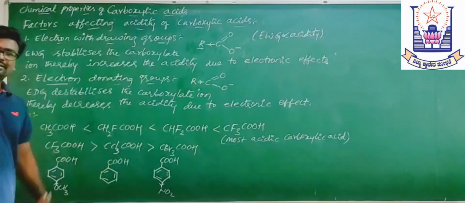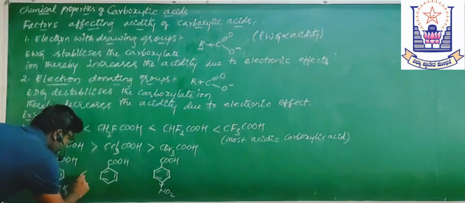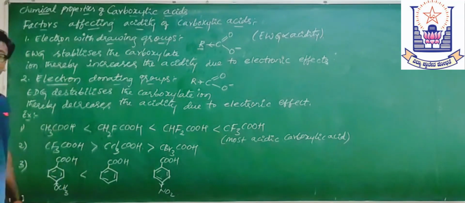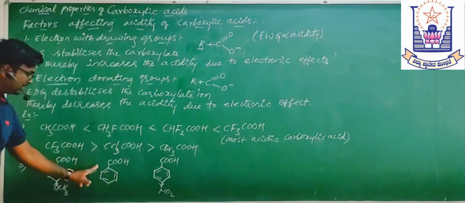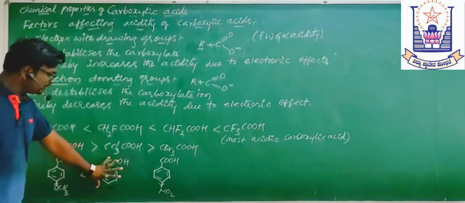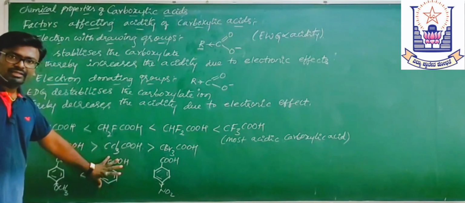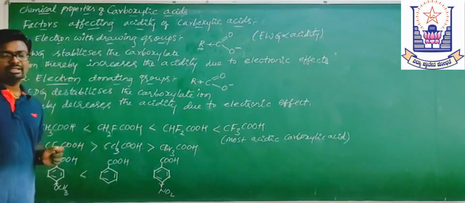Out of all these, methoxybenzoic acid will be the least acidic compared to benzoic acid, because benzoic acid is common, no? This is in between, carrying neither electron donating nor electron withdrawing groups. It is in the middle.